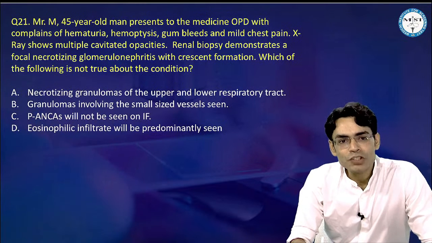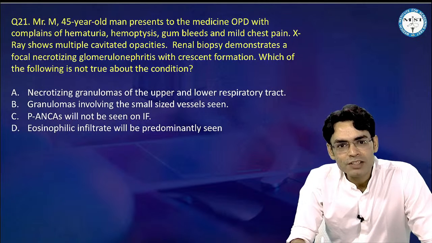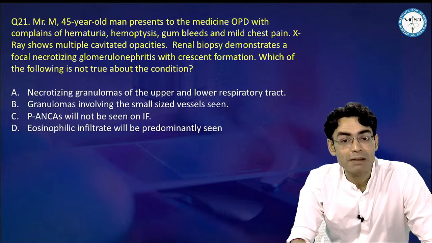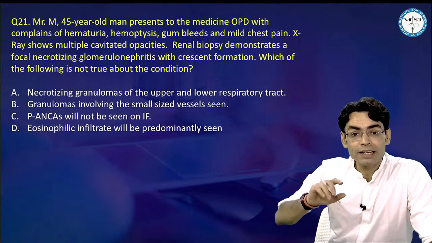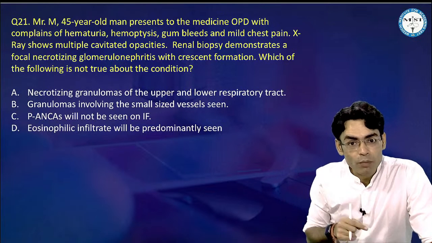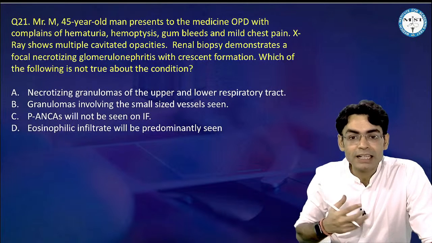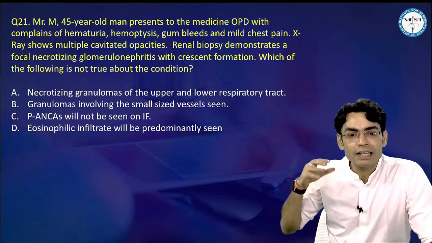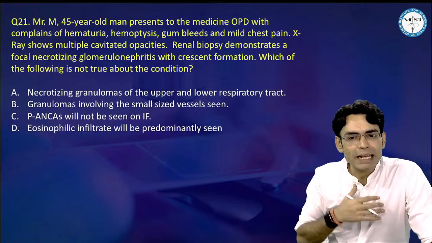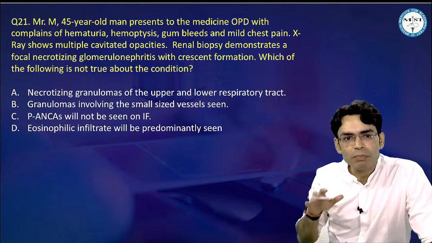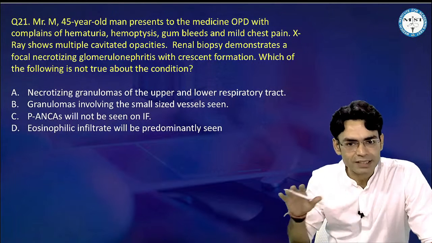21st question. Mr. M, 45-year-old man, presents to the medicine OPD with complaints of hematuria, hemoptysis, gum bleeds, and mild chest pain. So see, hematuria is happening, kidney involvement is there, hemoptysis is happening, that means respiratory involvement is there, gum bleeds, and mild chest pain. X-ray shows multiple cavitated opacities.